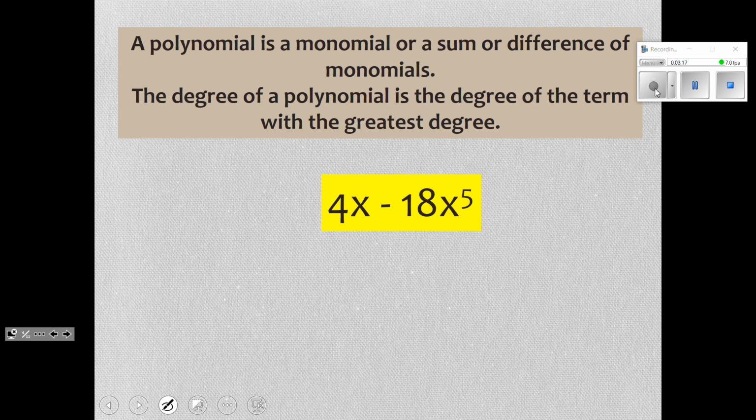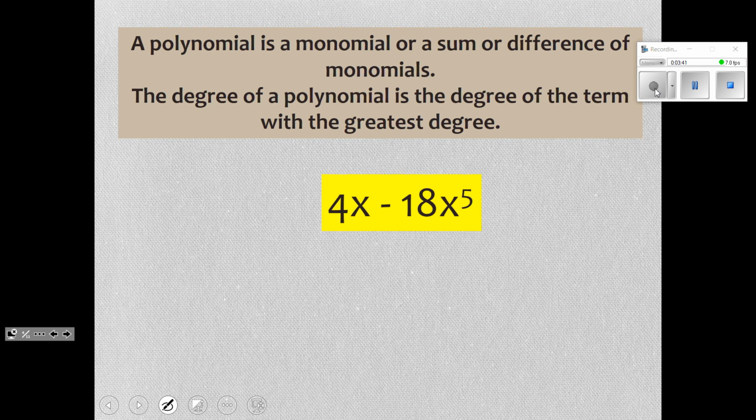So a polynomial is a monomial or a sum or difference of monomials. So you can have a monomial or you can have monomials linked together with plus and minus signs, and that makes a polynomial. You can find the degree of the polynomial by finding the monomial with the highest degree.